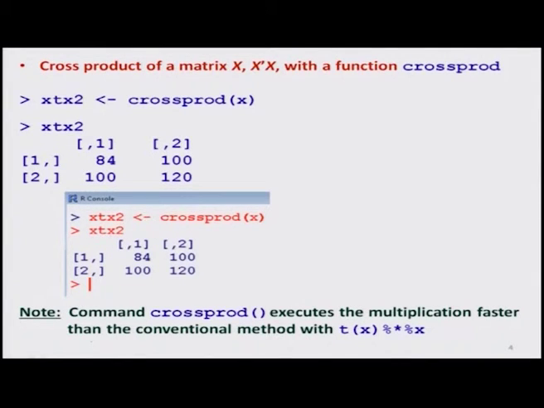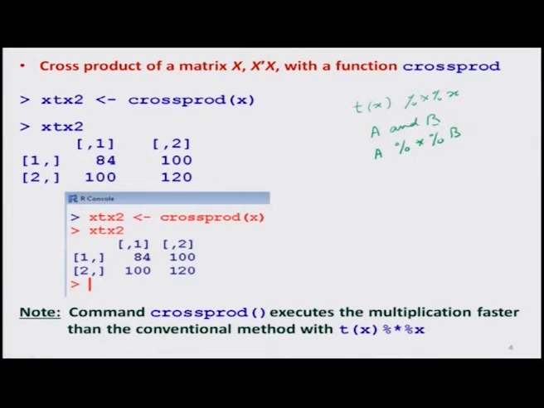Suppose you want to find this multiplication, the transpose of X matrix into the transpose of X, then we have already shown you how to get it done. Similarly, if you have any other two matrices A and B which you want to multiply and their order condition is satisfied, I will write A percentage star percentage B, and there will be no issue.